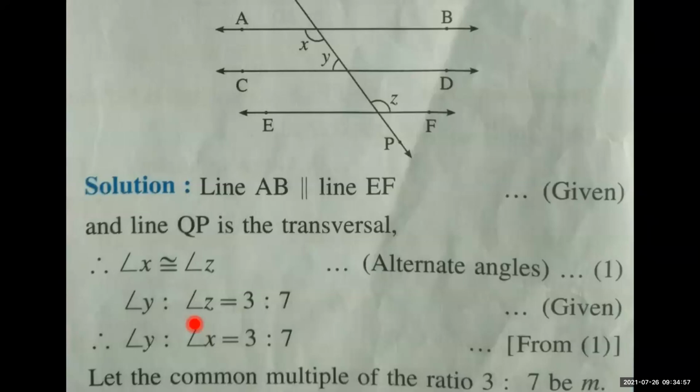Now, let the common multiple of the ratio 3:7 be m. We will assume the common multiple as m.